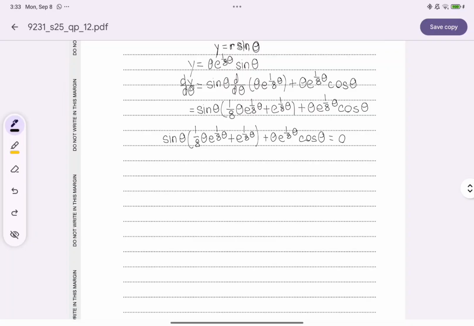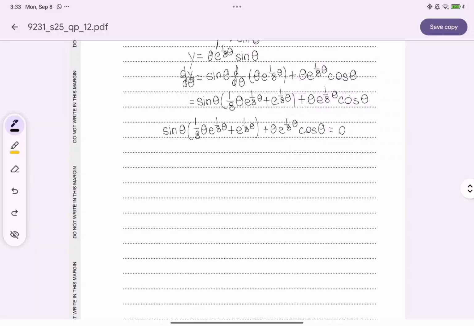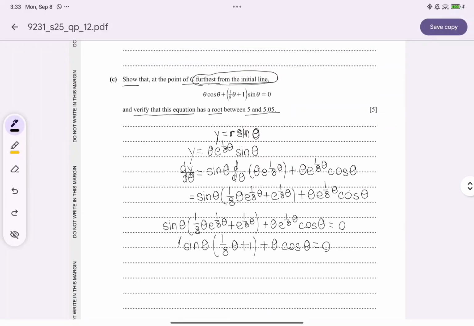Okay, so we can divide this whole equation by e to the power of 1 over 8 theta, like I said. So this would give us sine theta times (1 over 8 theta plus 1), plus theta cosine theta, equals 0.